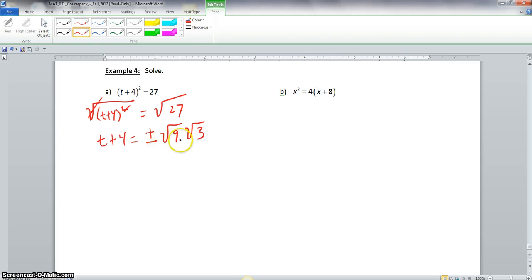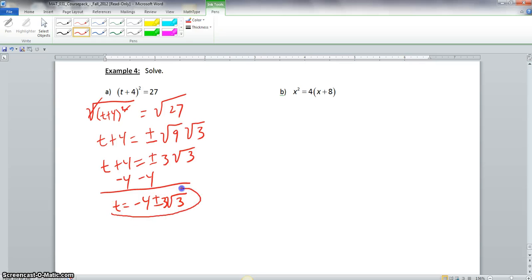So we could break that up to the square root of 9 and the square root of 3. So you have t plus 4 is equal to plus or minus 3 square root 3. And we would subtract 4 on both sides. And t is equal to negative 4 plus or minus 3 square root of 3. And that is your answer for A.